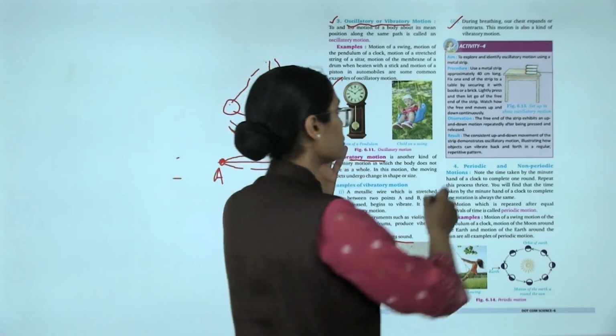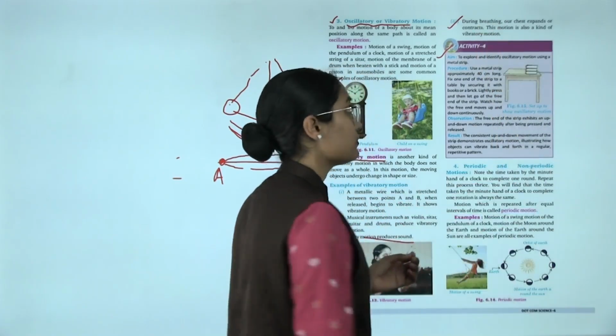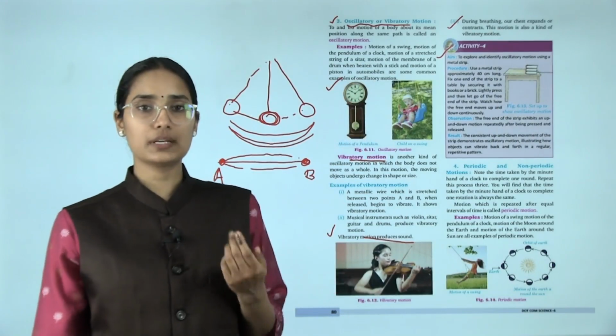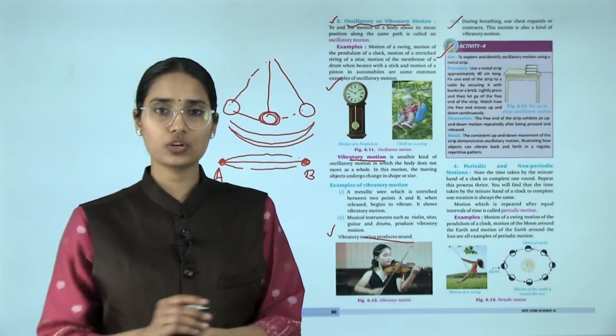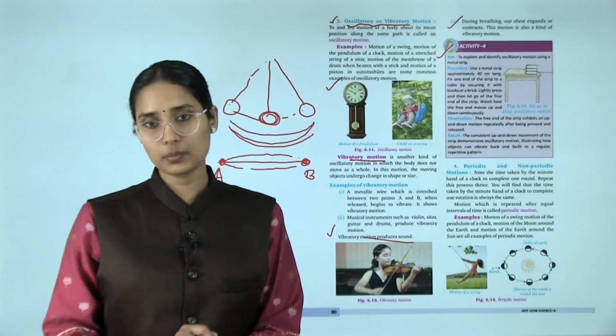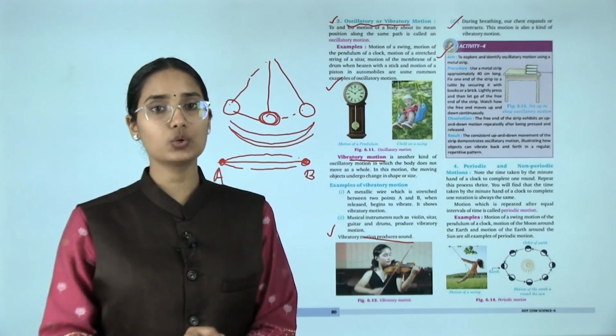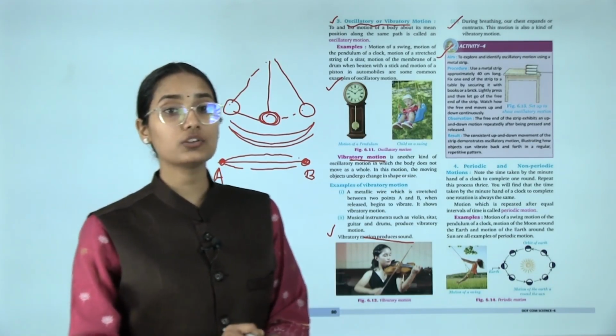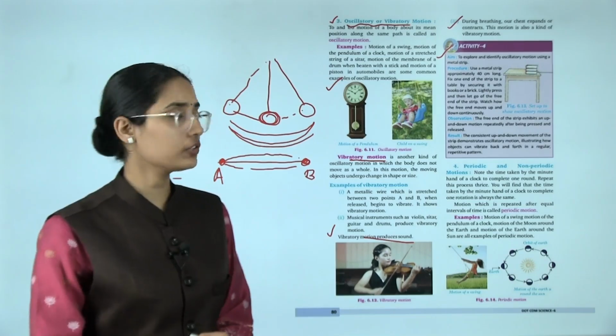Now let us do one activity to explore and identify oscillatory motion using a metal strip. Use a metal strip approximately 40 centimeter long, fix one end of the strip to a table by securing it with a book or a brick, lightly press and then let go of the free end of the strip. Now watch how the free end moves up and down continuously.